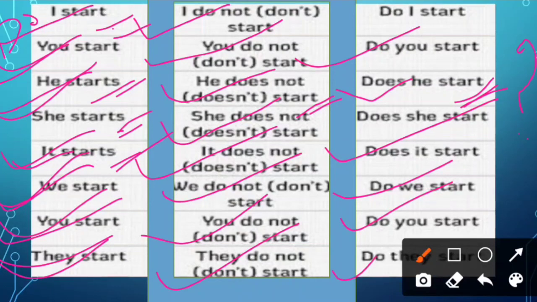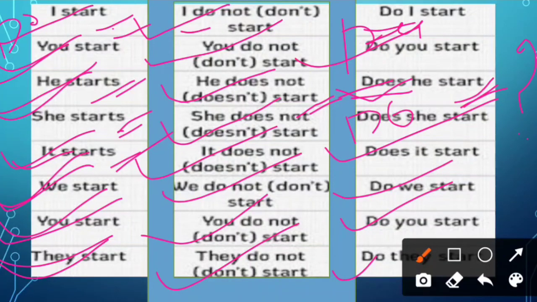Do they start? Generally, in the rectification of the error, what will happen? It may be possible they might use does, or sometimes in such words they will use do. At that time you will have to find out where actually the mistake has occurred in that particular poem or paragraph.